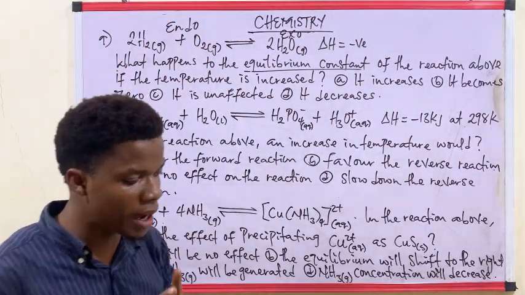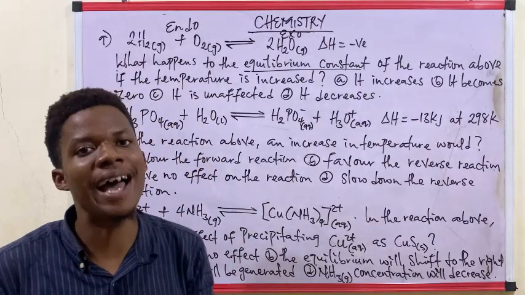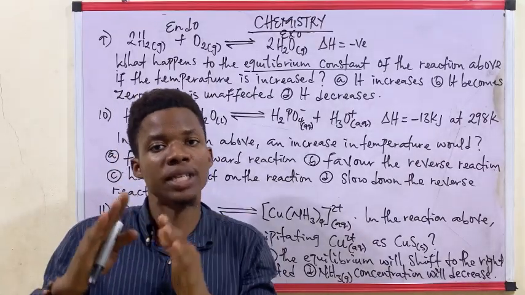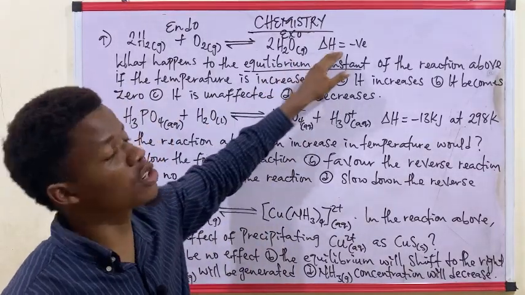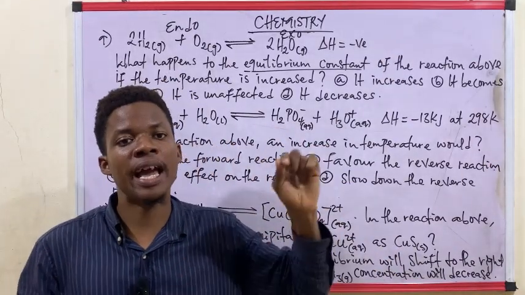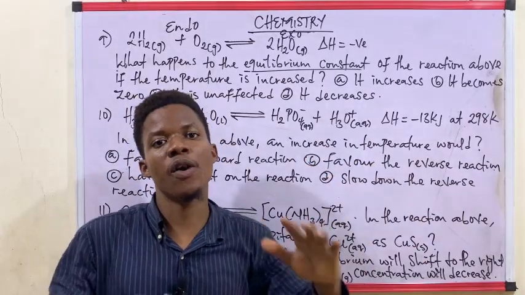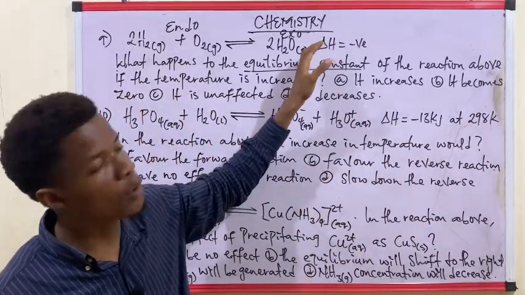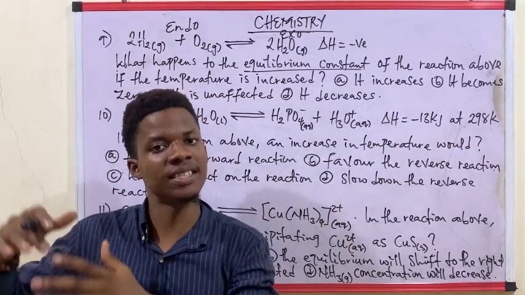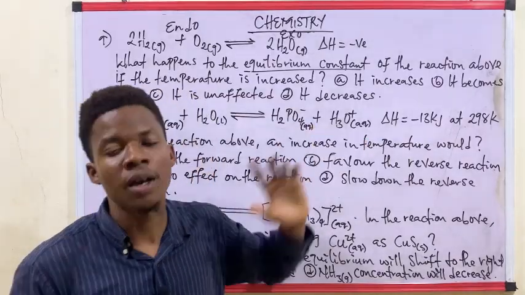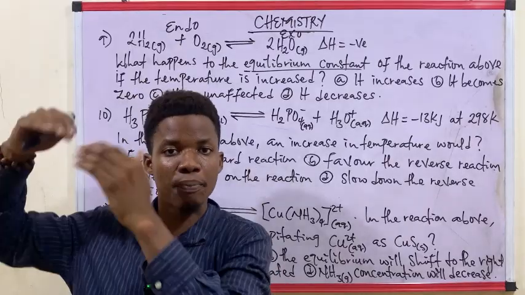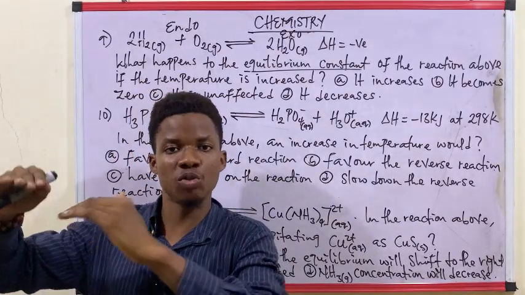And when I was teaching about temperature in my previous video, I stated something about the equilibrium constant K. I made mention of the fact that if the forward reaction is endothermic, when you increase the temperature, the equilibrium constant also increases. So for endothermic, increase in temperature makes the equilibrium constant K also increase. But for exothermic, when the forward reaction is exothermic, increase in temperature will make the equilibrium constant K decrease.